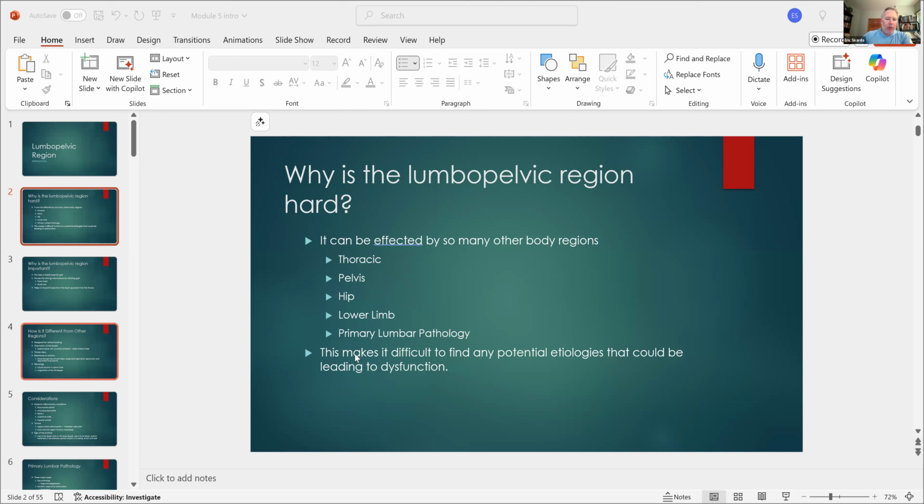So this is probably where it becomes difficult for people, realizing that, okay, I have an SI joint issue, right? So for me, if I'm looking at somebody in a lumbopelvic scan, I'm doing an examination of the lumbopelvic region. The first thing that I want to see is, am I dealing with pelvic problems here?